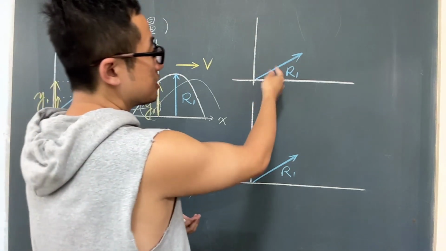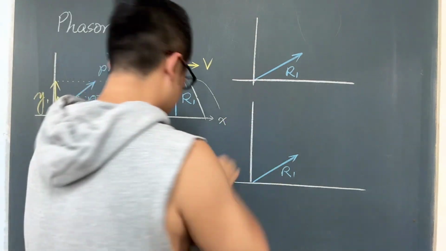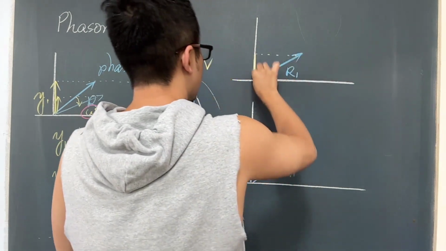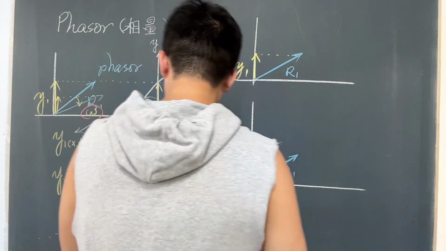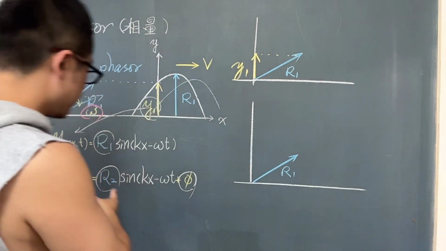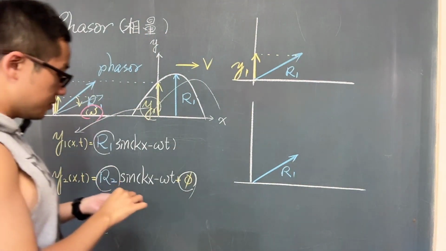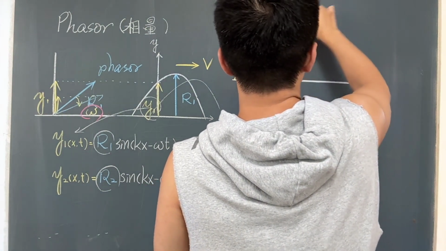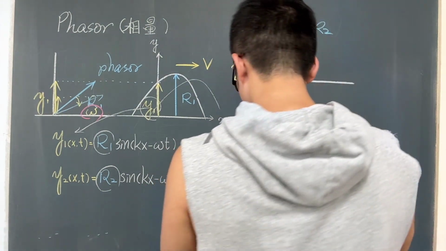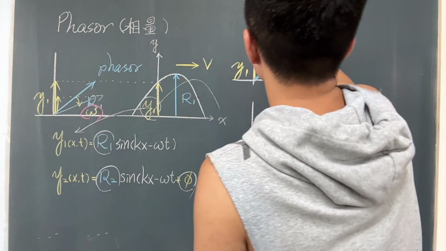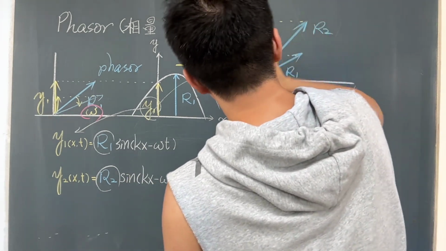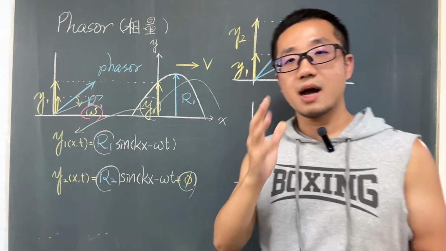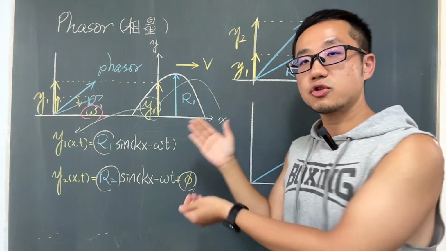If this is the phasor of our first wave, the projection along the y-axis means the displacement of the medium. And now the second wave, the amplitude is R2. I can draw the second phasor as R2, and the projection along the y-axis is y2.